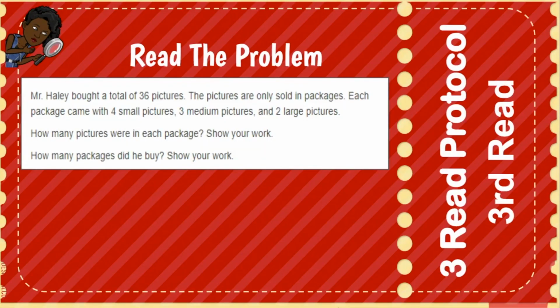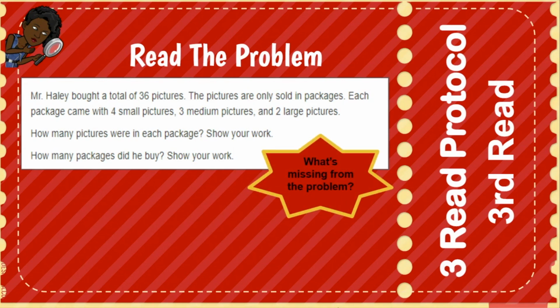For the third read, read the problem to yourself one more time. Think about what's missing from this problem. It is important that you understand what the problem is about, as well as understand the quantities and the units in the problem before rushing to answering the question.